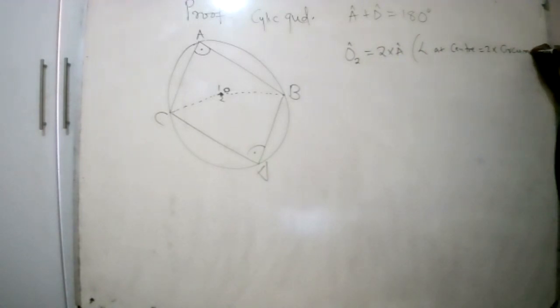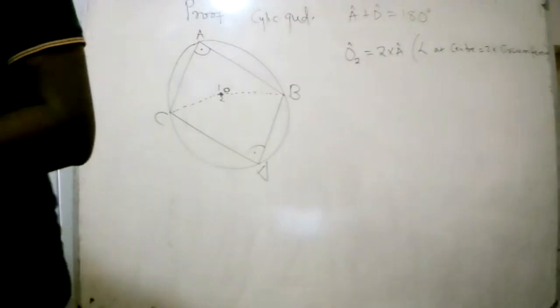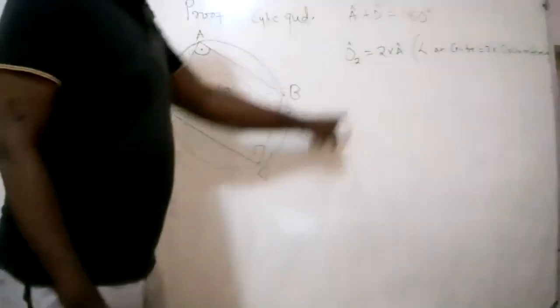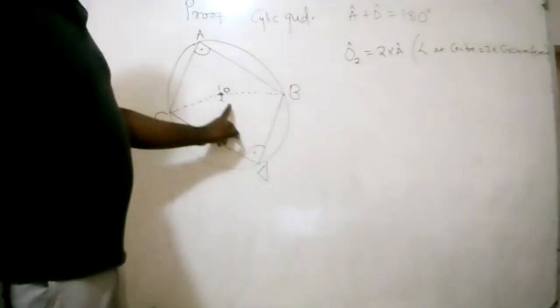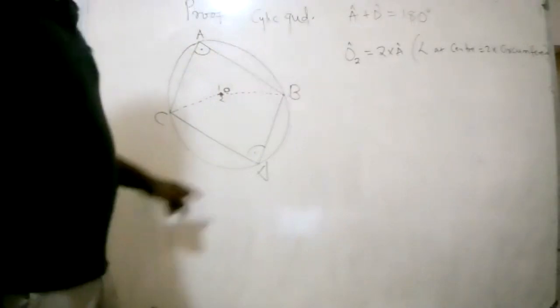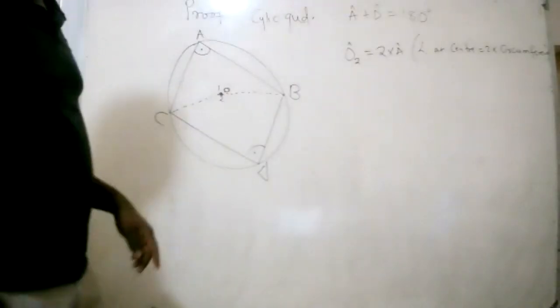I believe you still remember this theorem. Is that so? Are we together, all of us? Yes. So now we created this relationship between O2 and A using the theorem which says the angle at the center is twice the angle at the circumference.